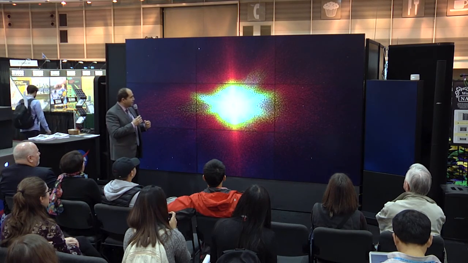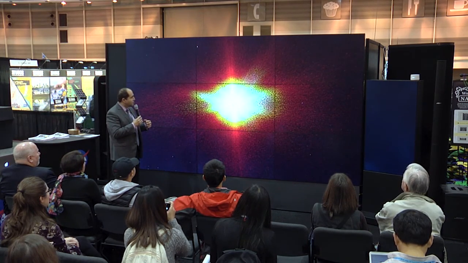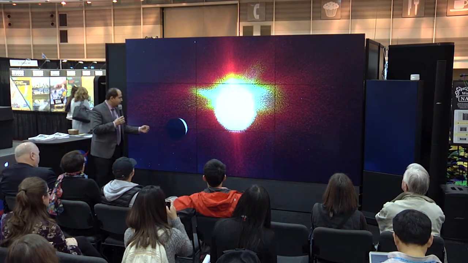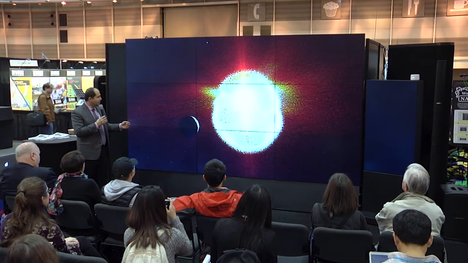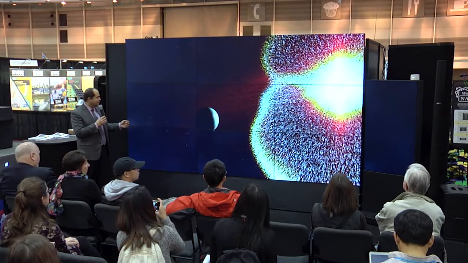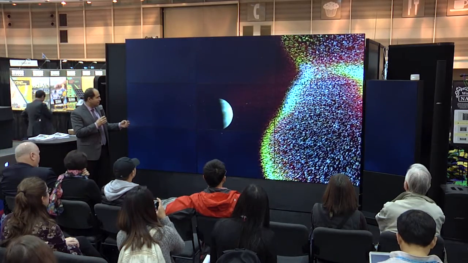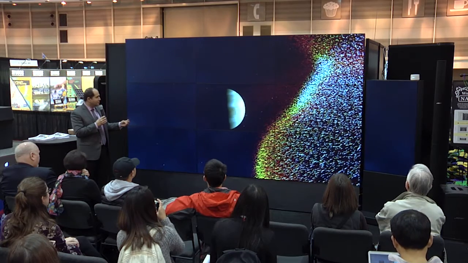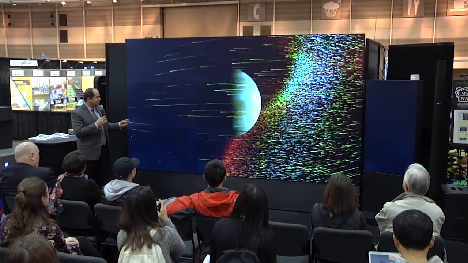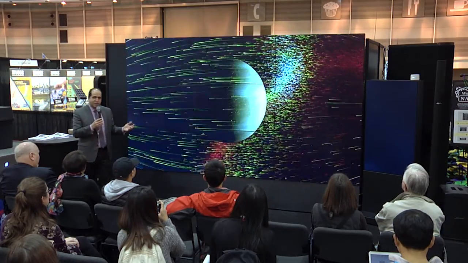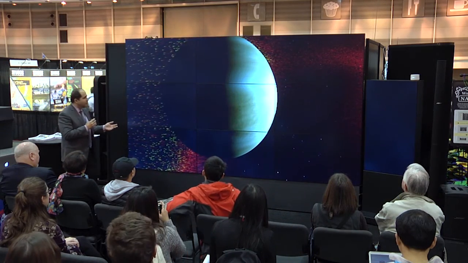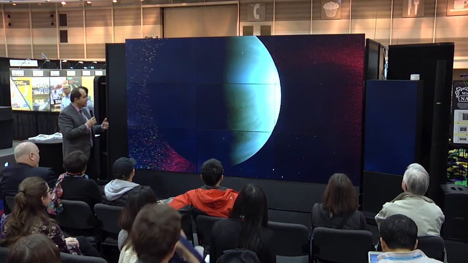And so you have in this case, the solar wind streaming out, a coronal mass ejection that's streaming towards the planets, and it'll eventually here it's going to hit Venus, and Venus does not have a magnetosphere to protect it against the solar wind, and so it hits directly into the Venus atmosphere.